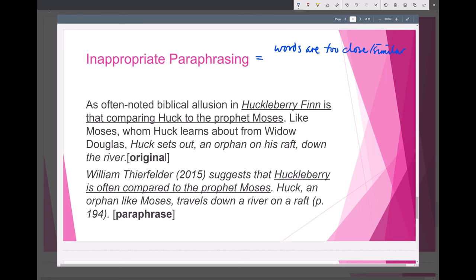Not just the words, your sentence structure and your words are too close and too similar, which means it reads more like a quote than a paraphrase.